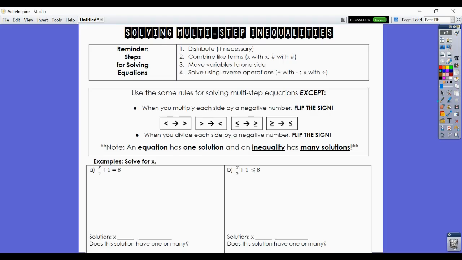Another important difference is that an equation has one solution and an inequality has many solutions, as stated right here. As a reminder too, this sign here that makes an L is going to be a less than sign, since it is facing the same way as an L would.